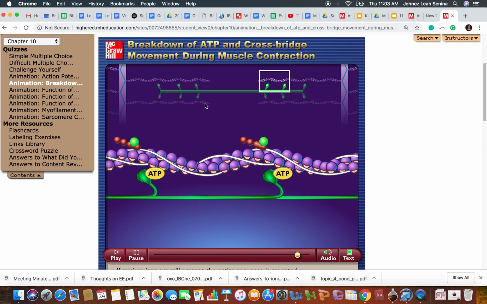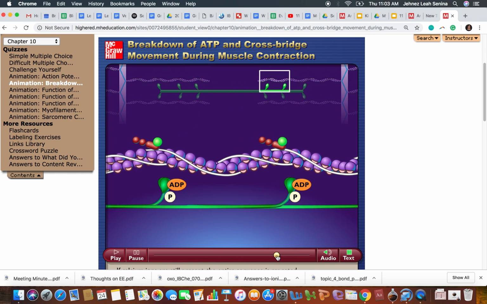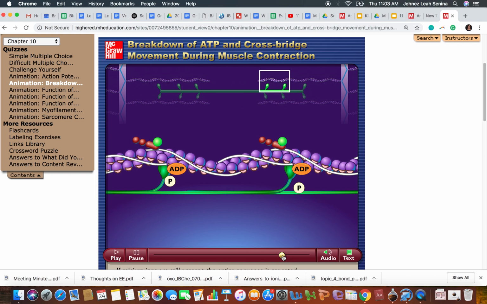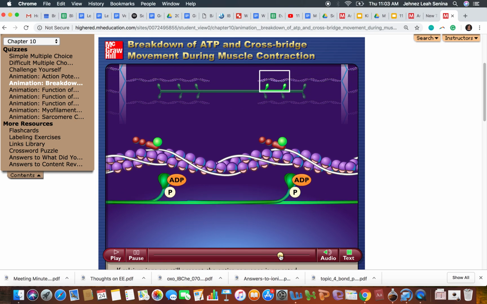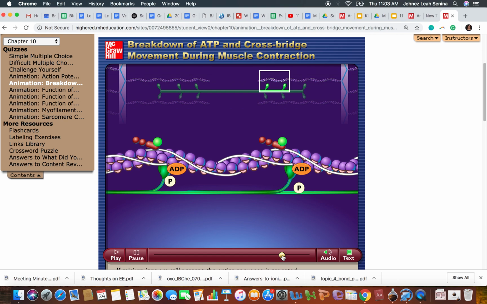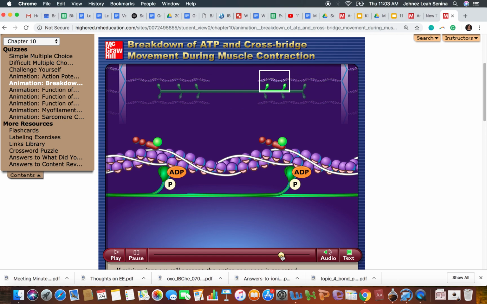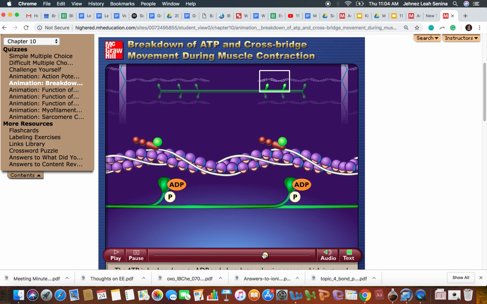Before the removal of P, the head has already moved. This is simultaneous. Hydrolysis. As P is removed, it touches. The head was here, right?